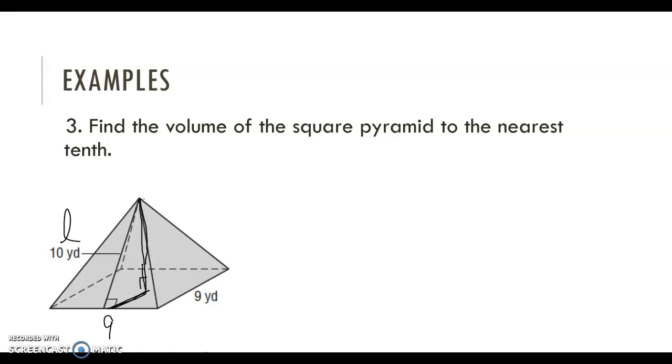So I'm going to make my own right triangle here, and I'll redraw it up here. What I know is the slant height is 10. I need to know the regular height, and keep in mind that if I draw in this triangle, this length here is going to be half of what the side is. So half of 9, and I'm just going to use decimals to make it easier to work with the Pythagorean theorem in a second, is going to be 4.5.